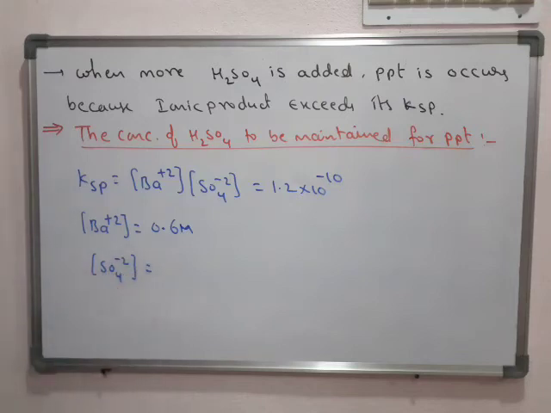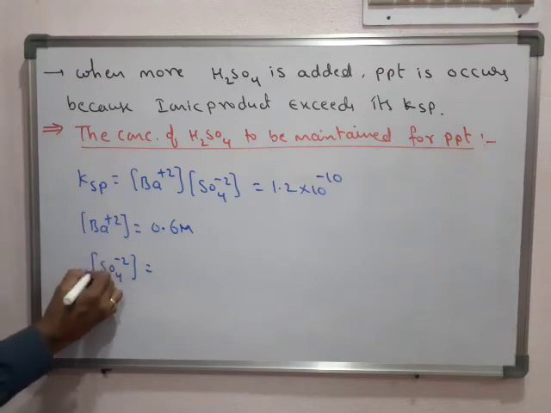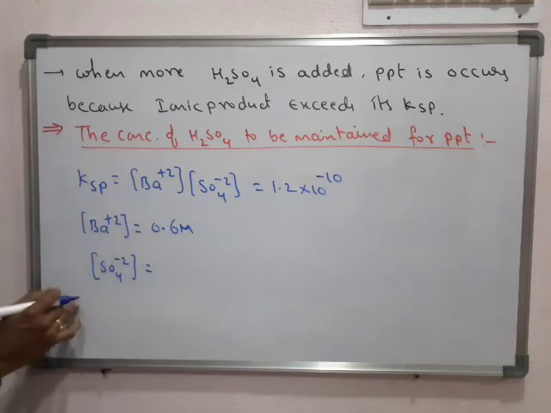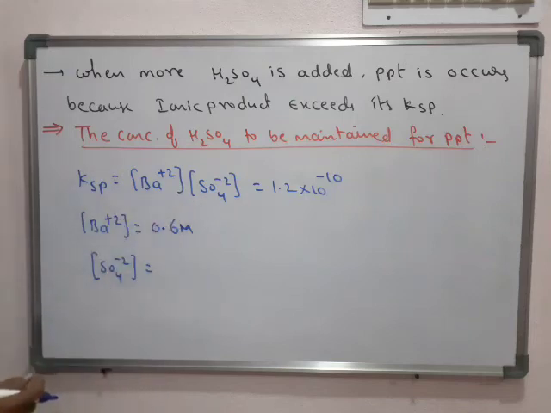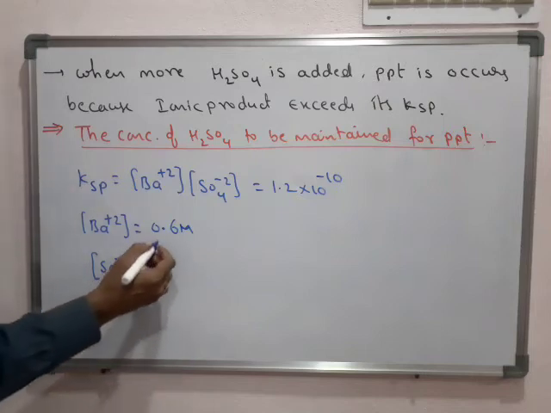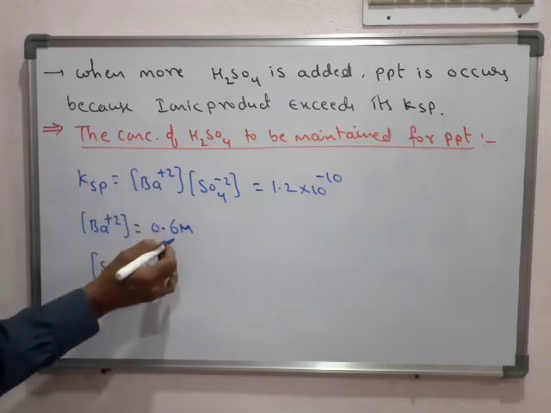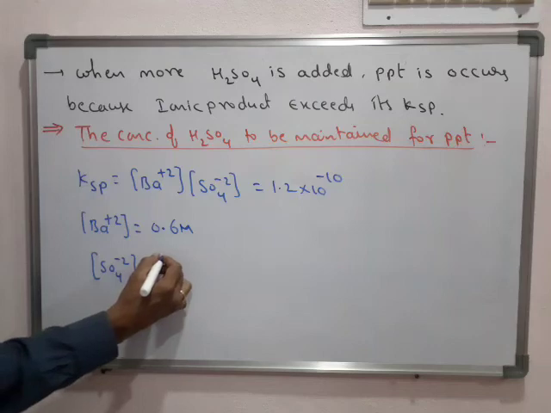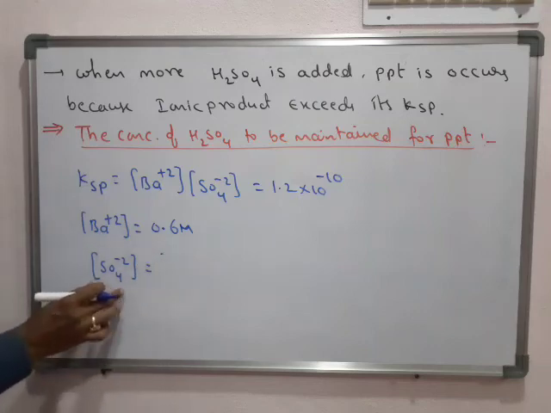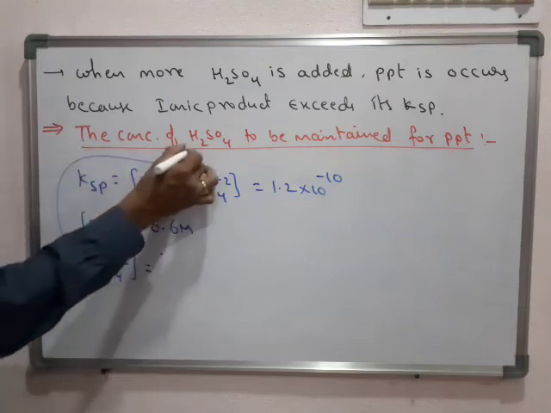And what is the concentration of SO4 minus 2? So here main important how much SO4 minus 2 concentration should be there. Here the solubility product is also 1.2 into 10 power minus 10. Okay, so already for barium plus 2 we know that is 0.6 M. So how much sulfate concentration should be there, means how much H2 here SO4 minus 2, మొత్తం దేంట్లో చూస్తే మనకి it is totally obtained from sulfuric acid.